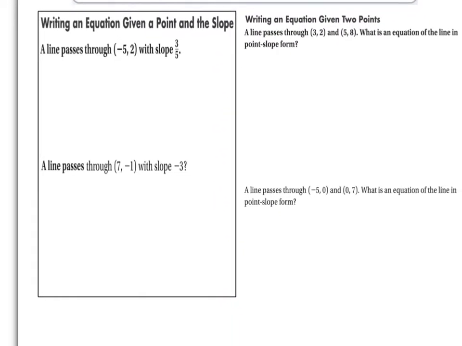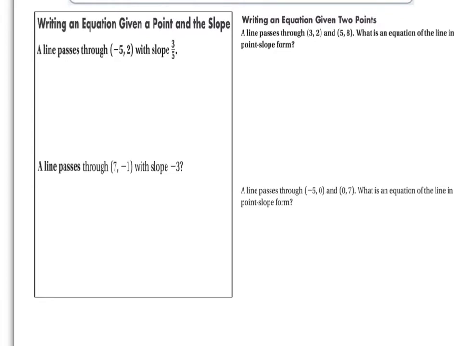As we look at this here, writing an equation given a point and a slope. It says a line passes through the ordered pair negative 5, 2 with a slope of 3/5. And it wants you to write it in point-slope form, which again, we'll write down here: y minus y1 equals m times x minus x1.